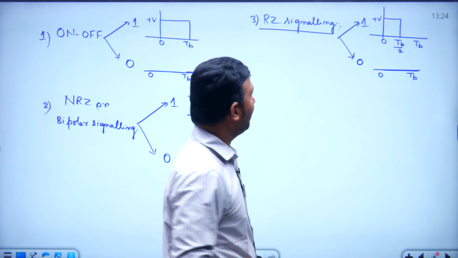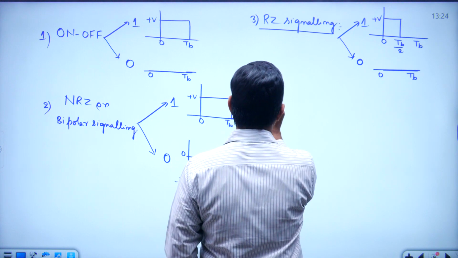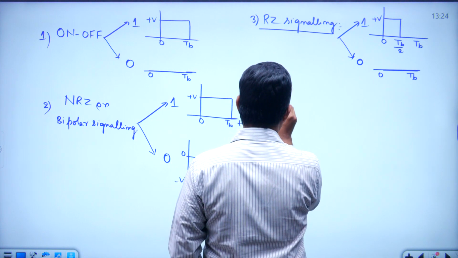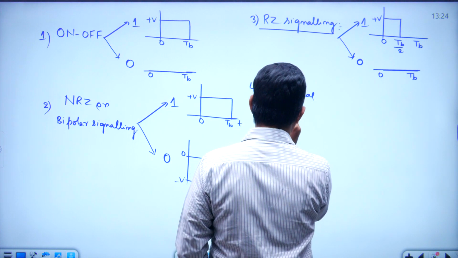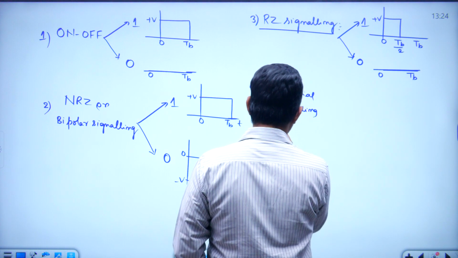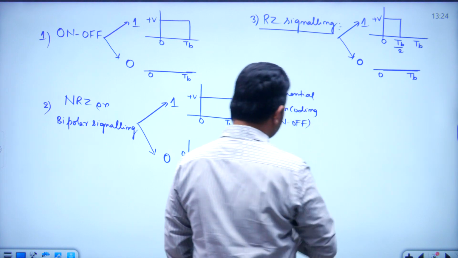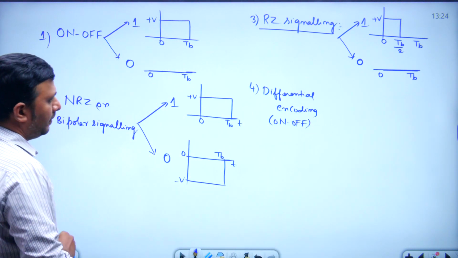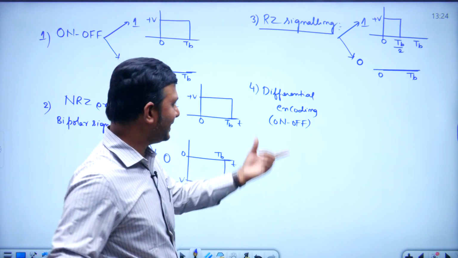RZ signaling. After this comes the fourth one, differential encoding. And here we will try to draw this differential encoding by taking on-off into consideration.